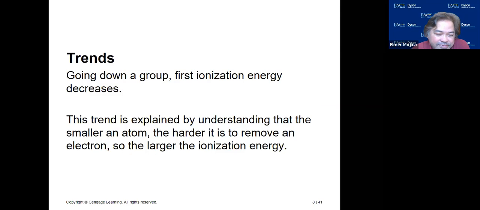Okay. Now, you can relate the trends of the ionization energy with the atomic radius. So it says here, going down the group, the first ionization energy decreases. So what does it mean? Top to bottom, decrease in ionization energy. So the explanation is, the smaller an atom, the harder it is to remove an electron, so the larger the ionization energy.